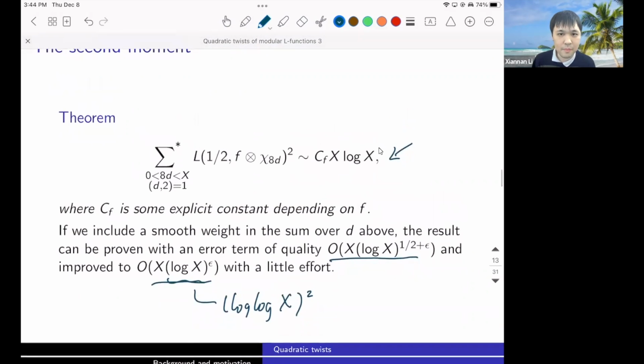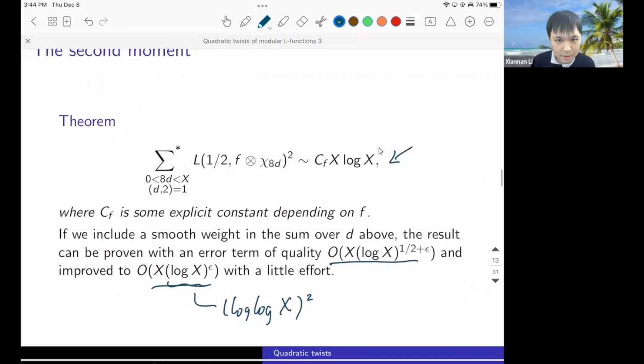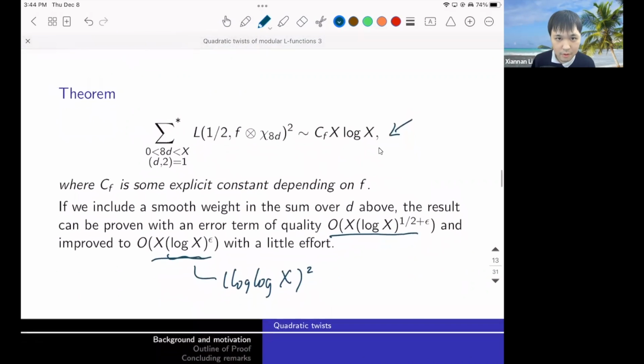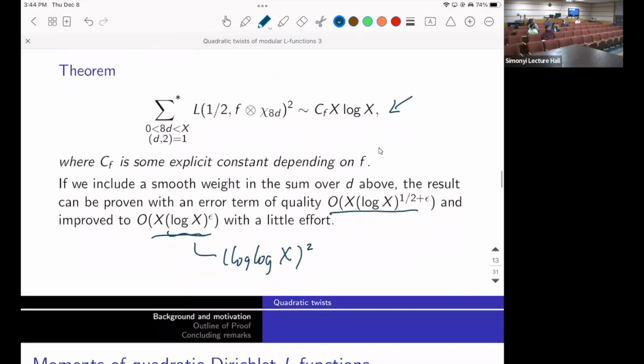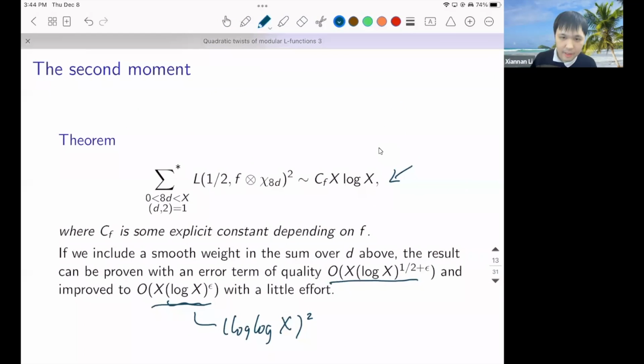Any questions so far, by the way? I would be happy to answer questions along the way, if there are any. So I guess it's out of the question to get the main term with the logs and then get a power saving. Yes, unfortunately, yes. I think a power saving is beyond what I'm going to talk about today.